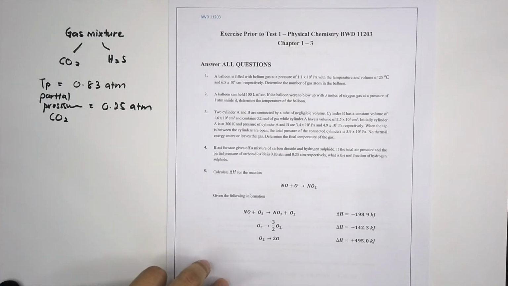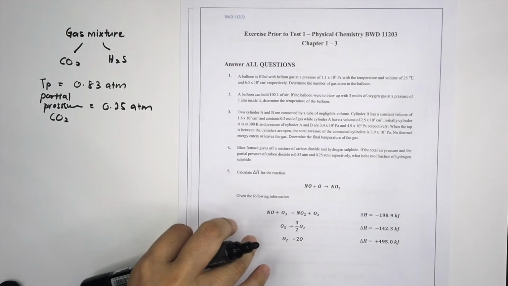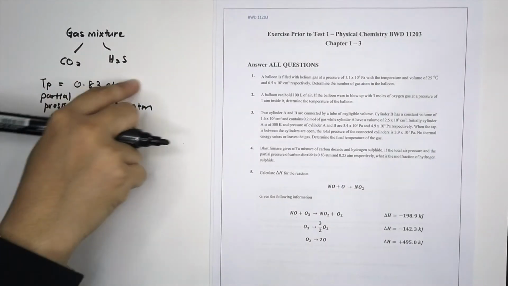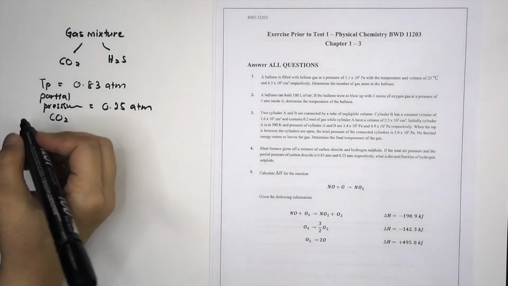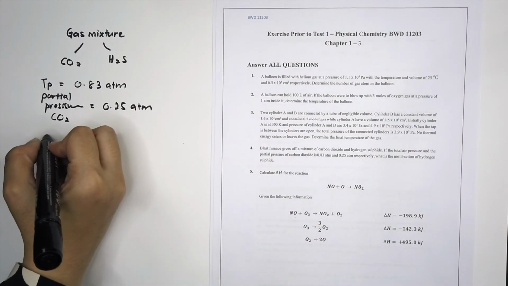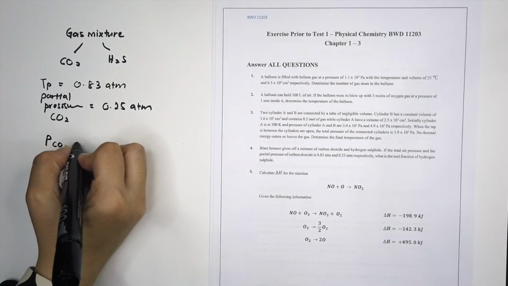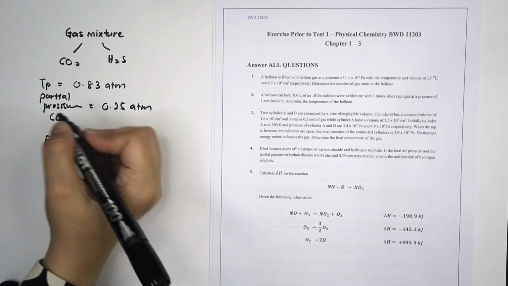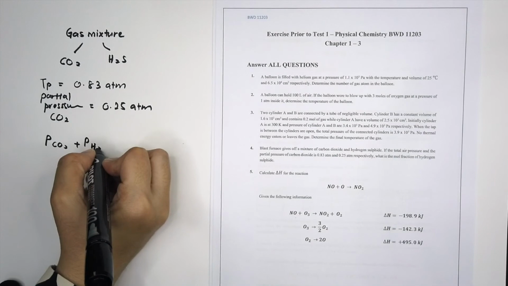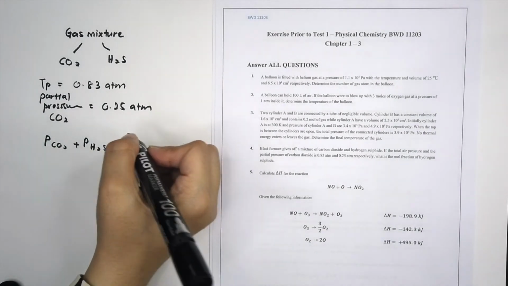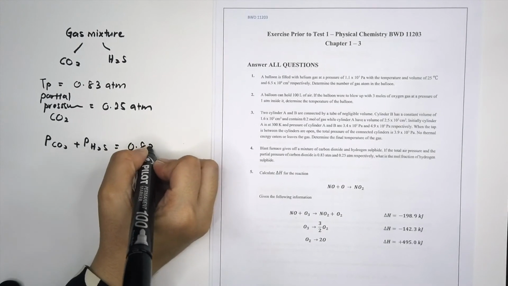Since you know the partial pressure for the carbon dioxide, and since we only have two different gases, the partial pressure for carbon dioxide plus the partial pressure for hydrogen sulfide is equivalent to the total pressure, which is 0.83.